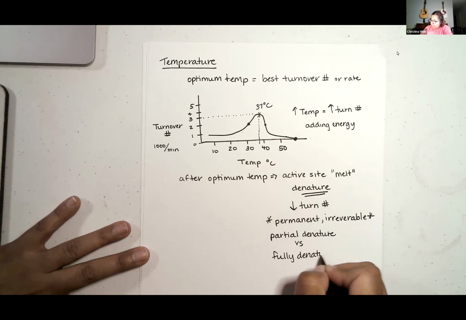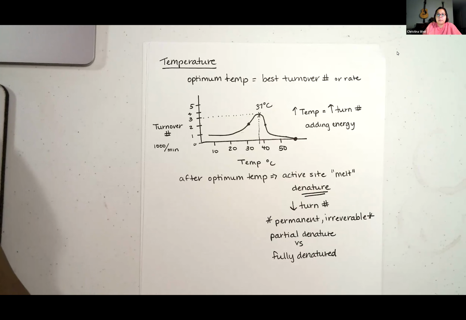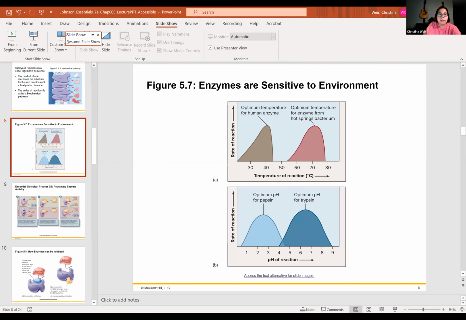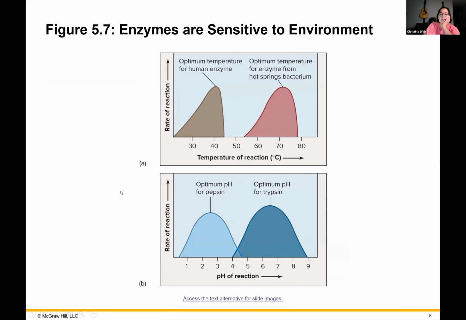So looking back at our graph from before, here's our graph from before. Looking at the top graph, this shows enzymes from 2 different sources. So here's the rate of the reaction.